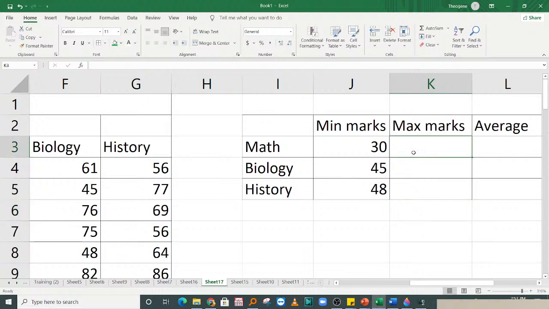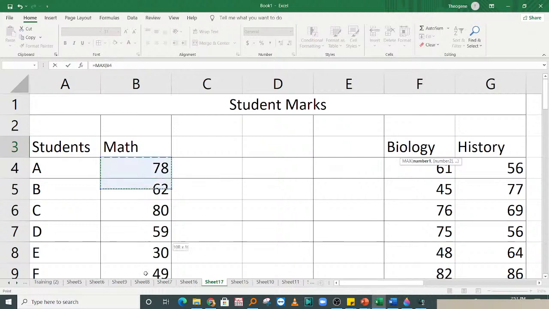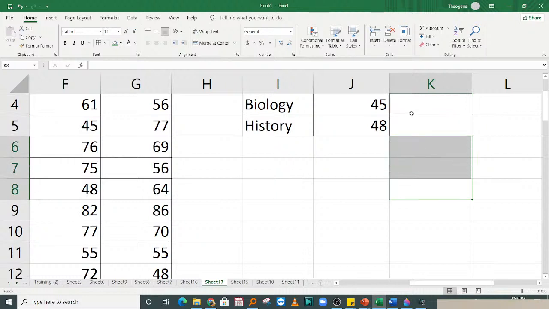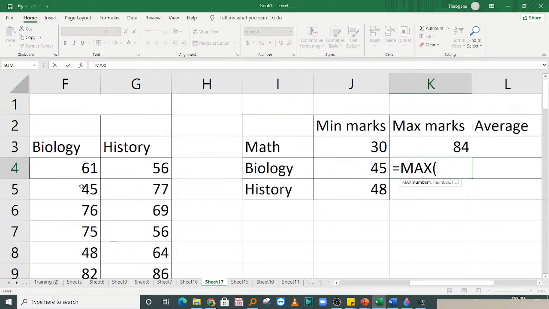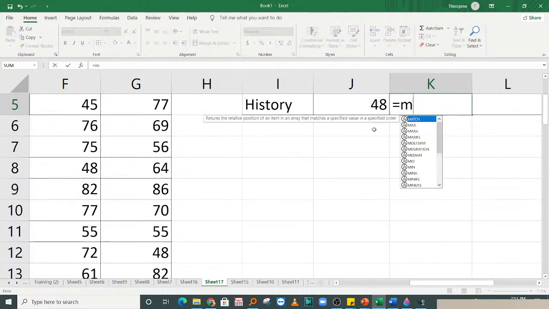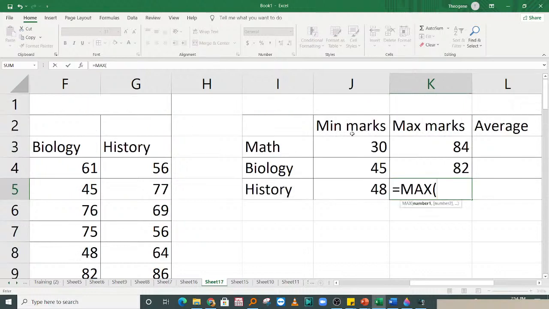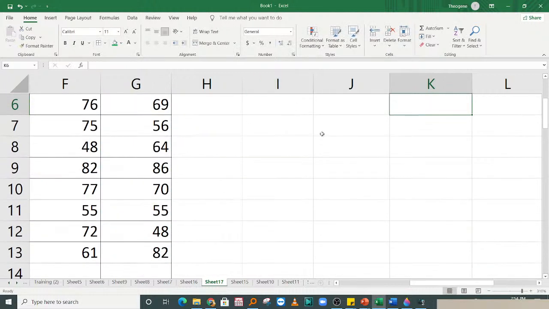So the maximum marks in mathematics, enter. So the max in biology, that's the maximum in history, is this one.